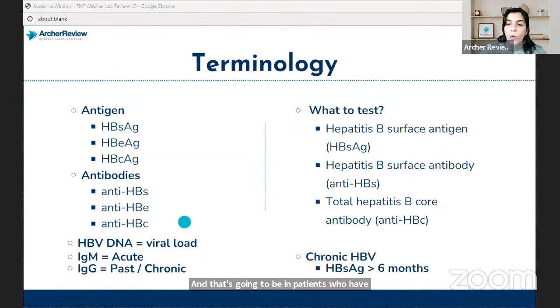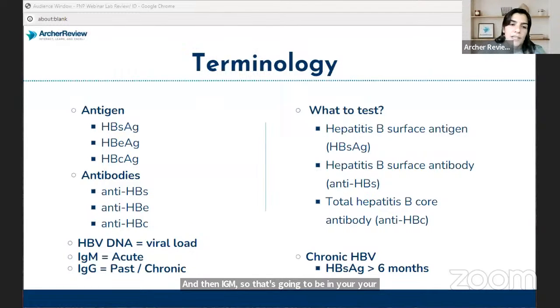And then you have your core antibody, which also can determine whether you have an acute infection, a past infection, or chronic hepatitis B. You also have your hepatitis B DNA, which we'll look at viral load. So we'll talk a little bit about when you would be ordering that as well. And then IgM, so that's going to be in your core antibodies.